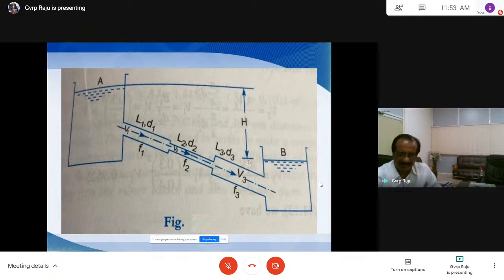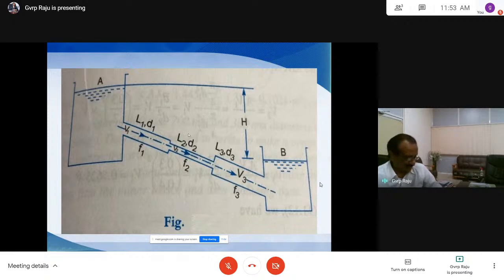Then use an equivalent pipe, which is a pipe replacing all three pipes, with length L and diameter D. For the equivalent pipe, find the head loss due to friction, HF. The head loss due to friction for the equivalent pipe is equal to the sum of friction losses for the 3 pipes. So HF is equal to HF1 plus HF2 plus HF3.